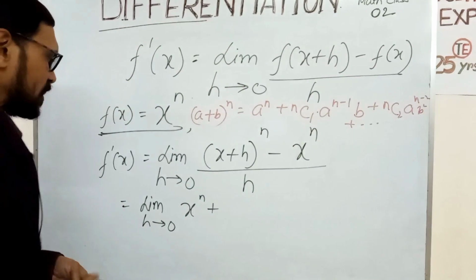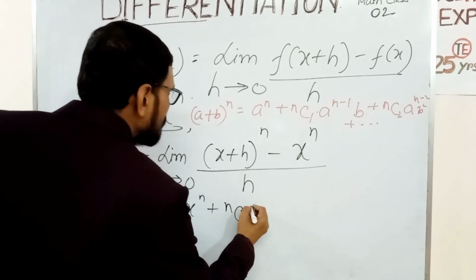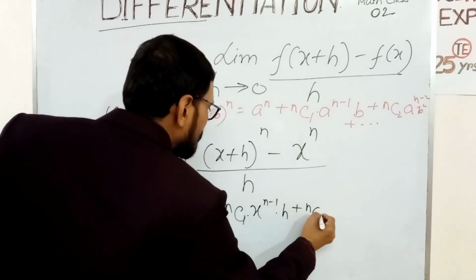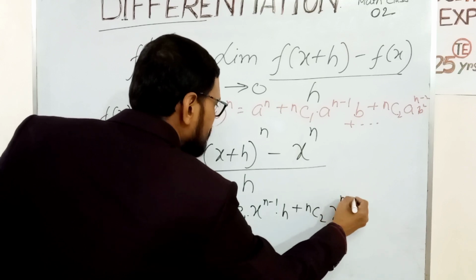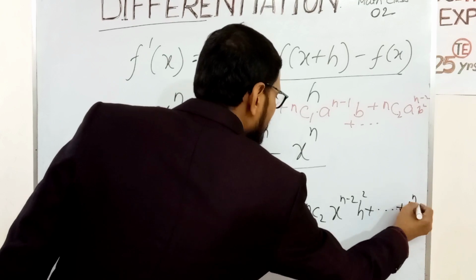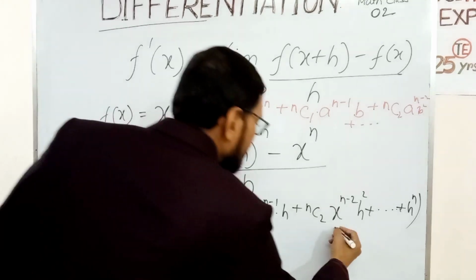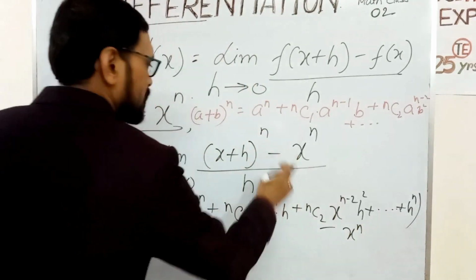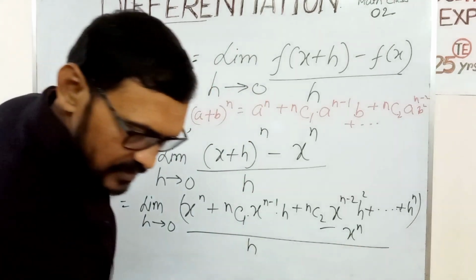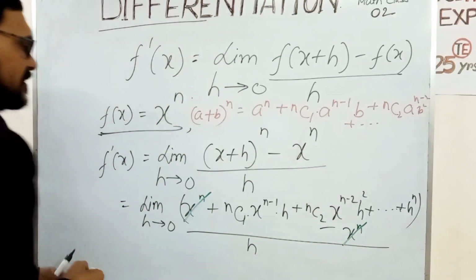So we get x to the power n plus nC1 into x to the power n minus 1 h, next term nC2 x to the power n minus 2 h square, plus dot dot dot, up to h to the power n. This is the expansion of x plus h whole to the power n, minus x to the power n, divided by h. Now cancel x to the power n with minus x to the power n.